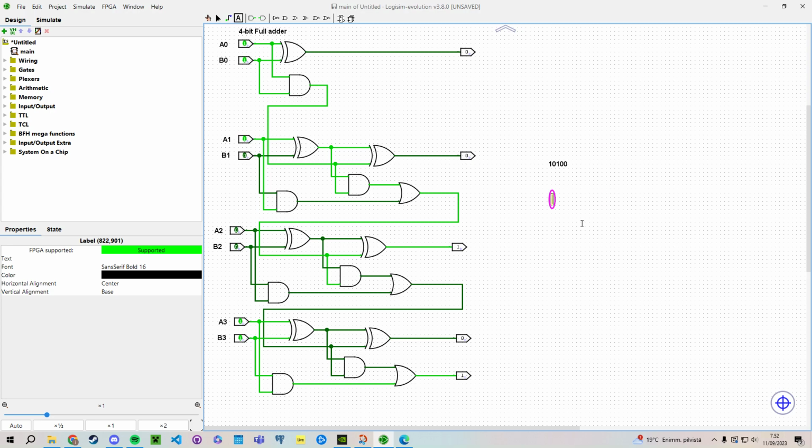And let's see if that is correct. So we add this one and it carries out here. So the third position, and then you add these together and it goes one up. Yeah, this should be correct.